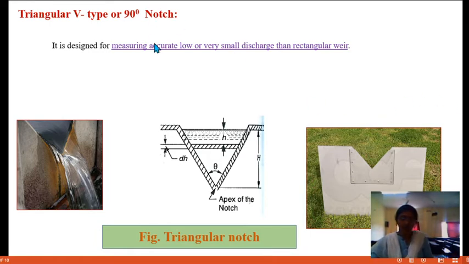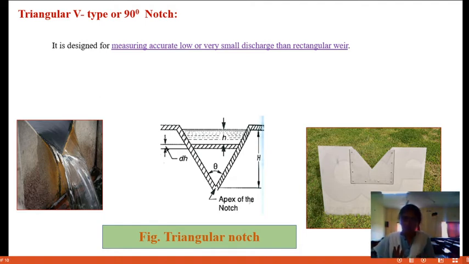We call it a V-notch based upon its shape, because the opening looks like the letter V. That's why we call it a V-notch, and also since it is a triangular shape, it is called a triangular notch.